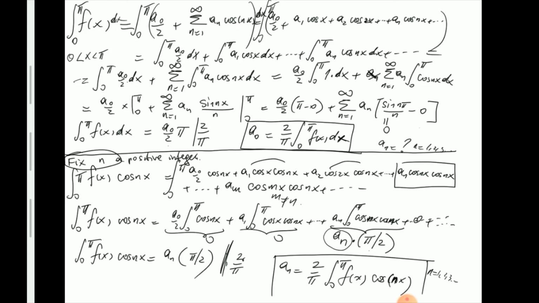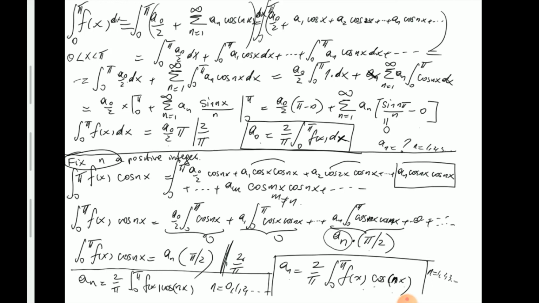But if n is equal to 0, that's going to be cosine of 0, which is 1. That'll give me the formula for a naught. So that allows me to write a formula for the coefficients in one place. So instead of using 2 different formulas, one for a naught, one for an, I can just use a single formula and say that n is from 0, 1, 2, and so on.